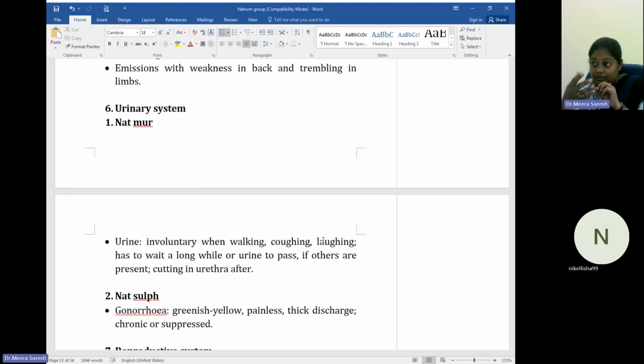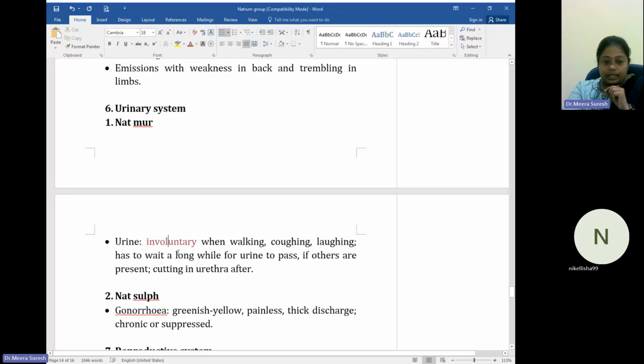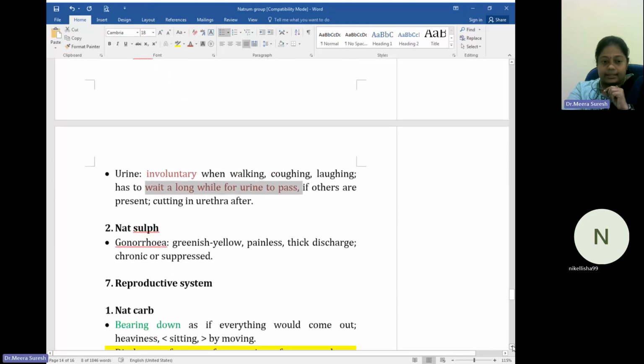And then there is another strange feeling: has to wait a long while for urine to pass, especially if others are present. And after that, there will be cutting pain in the urethra. So this involuntary urine is important, and also to wait a long while for urine to pass if others are present.